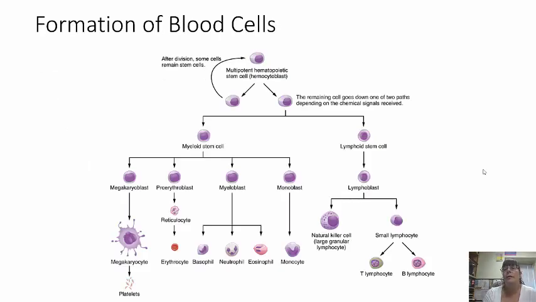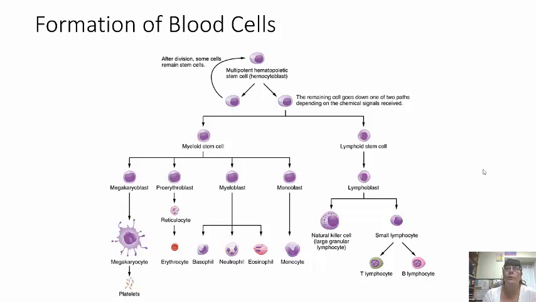So there's a multipotent hematopoietic stem cell up top. It will divide. The remaining cells are going to go down one of two paths. They're either going to go down the myeloid stem cell path or the lymphoid stem cell path. If they go down the myeloid stem cell path, they could turn into a megakaryoblast, which will turn into a megakaryocyte, which will actually start to fragment off and form platelets.